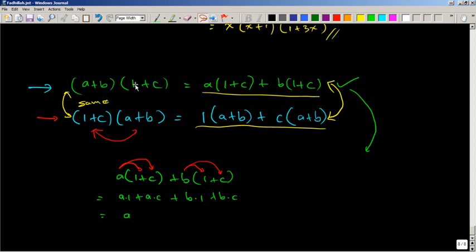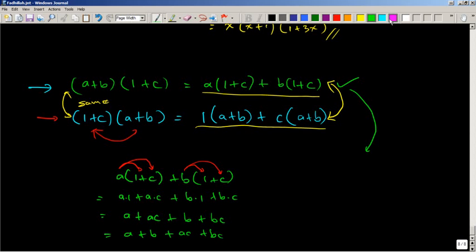Boleh ikut tak? Yeah. Okay. So A times 1 is A. Then A times C is AC lah. Plus B times 1 is B. Campur B times C is BC. So final answer is A plus B campur AC campur BC. I just rearrange saja.